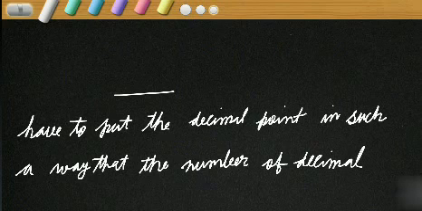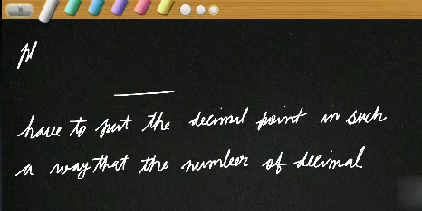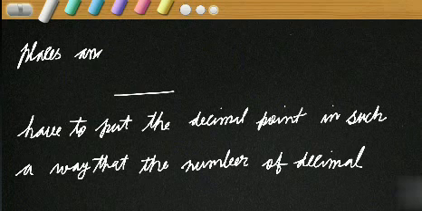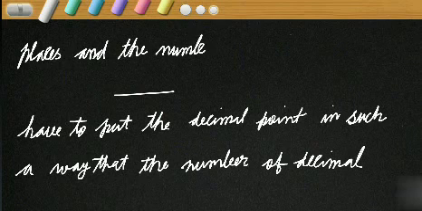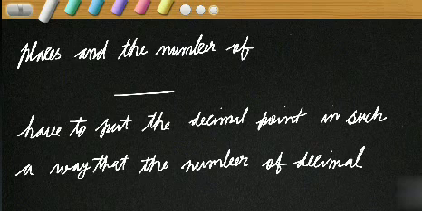The number of decimal places and the number of, what would be the next sentence? Next word? Number of zeros in the denominator are same, isn't it?